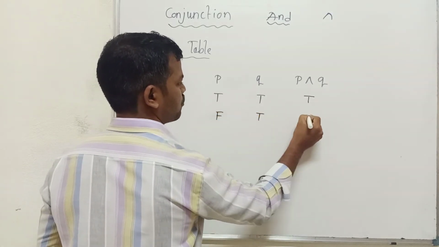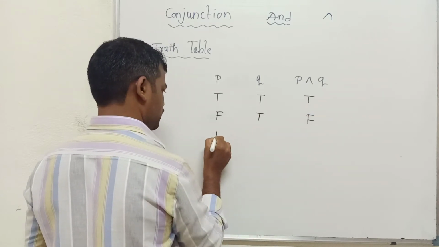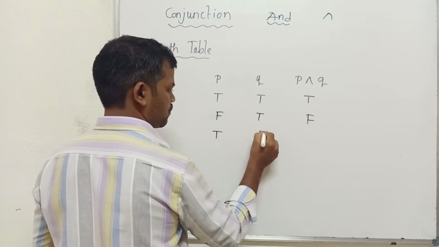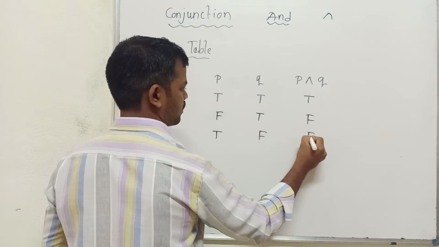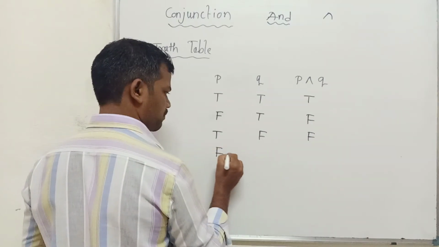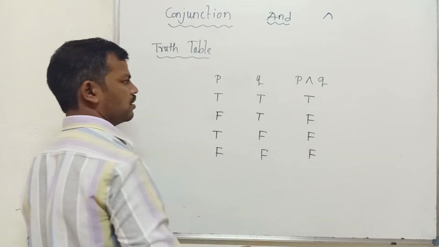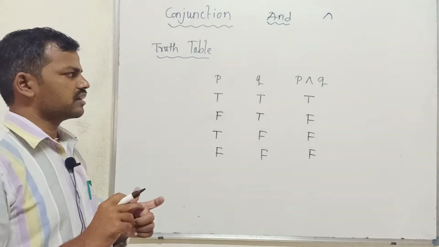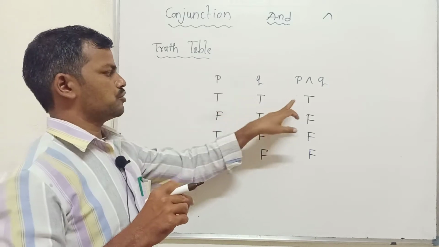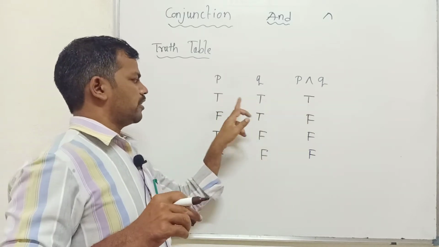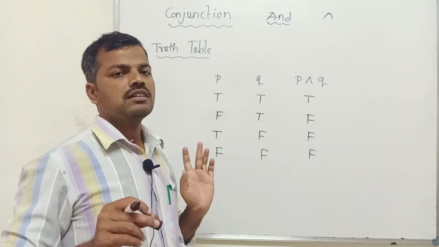If P is false and Q is true, it is also false. If both are false, it is false. So from this it is clear that conjunction is true only when both are true, otherwise it is false.